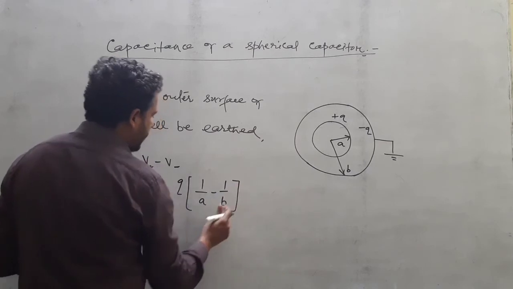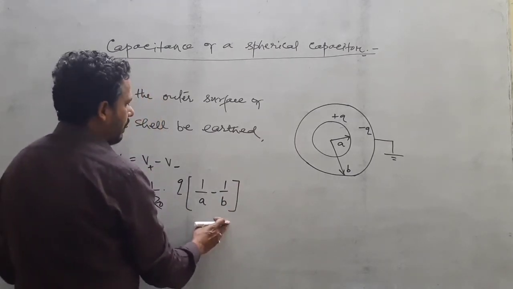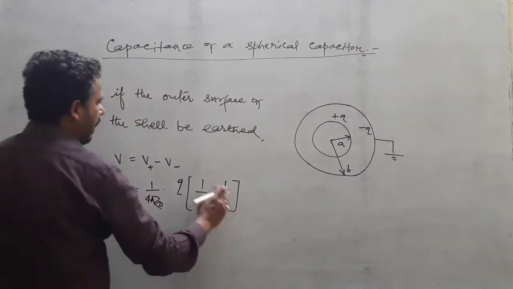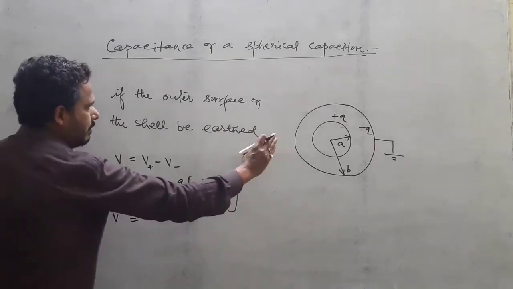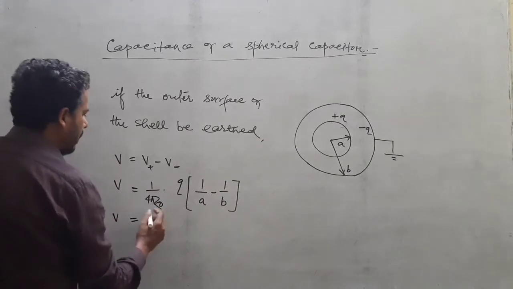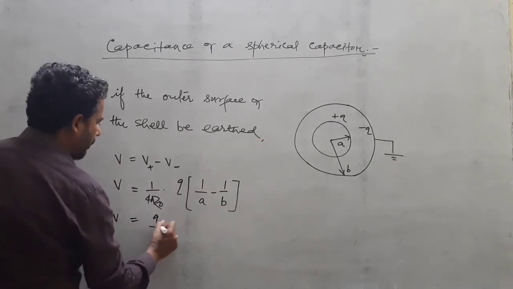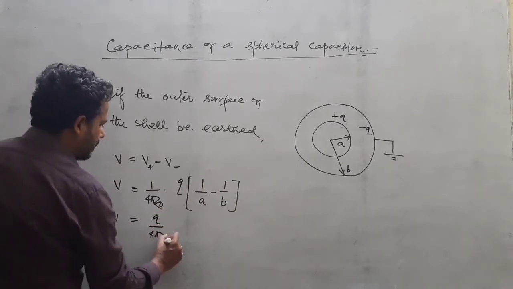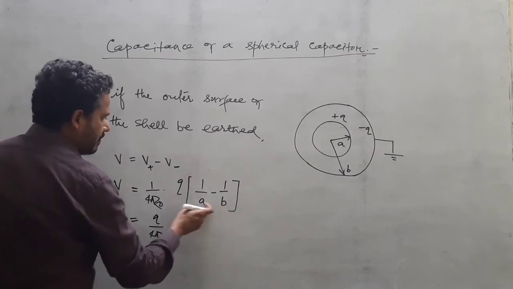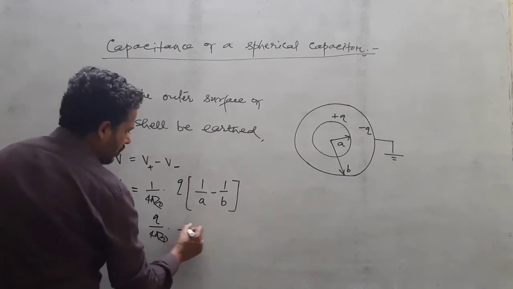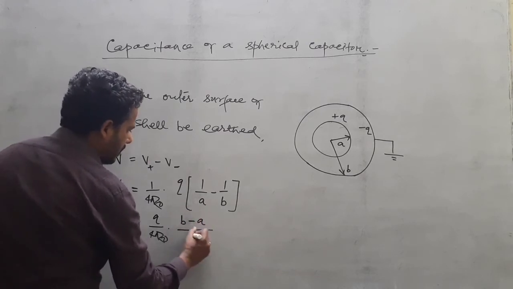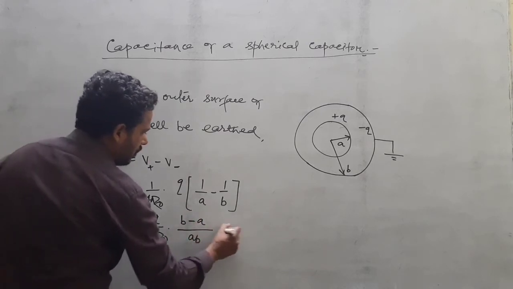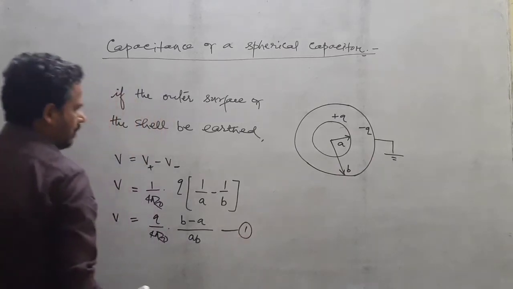After doing the calculation, you will get the potential difference as q by 4 pi epsilon naught times (b minus a) divided by ab. Suppose this is equation 1.